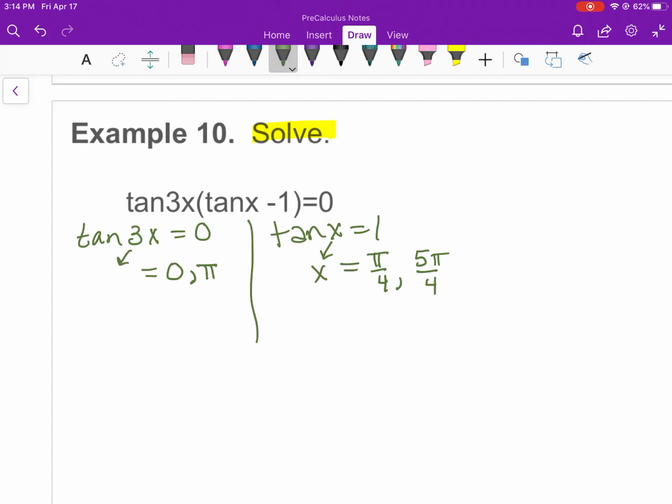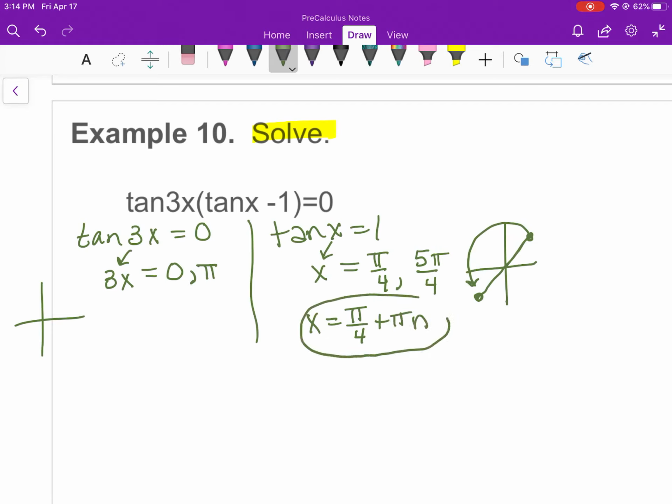This is 3x. Okay, so let's kind of map these out, see what we have. Pi over 4 and 5 pi over 4 are 180 apart. So to take care of these answers, I will just add 180, so pi n. Over here, 0 and pi are also 180 apart.